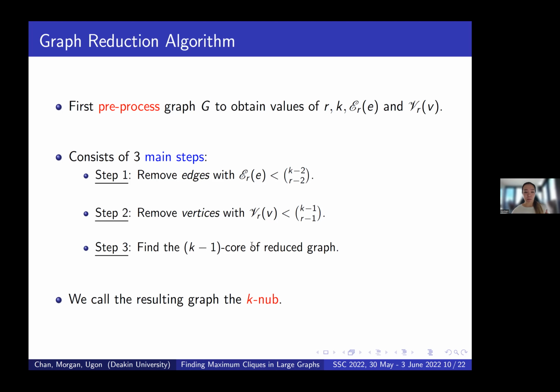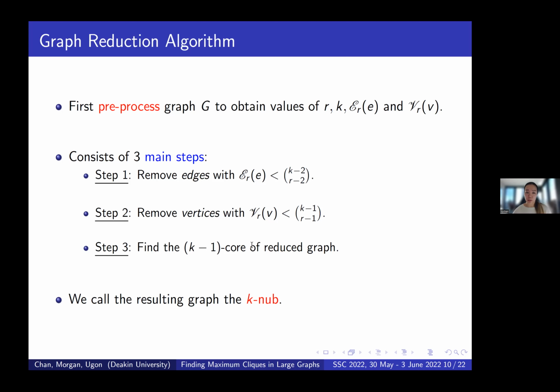So we'll stop at R being really small, maybe going up to 5 or 6, depending on how large your graph is. Then we use these counts to find the edge participation of order R and the vertex participation of order R. We'll also use these counts to estimate what the maximum clique might be. So this will give us the value of K.